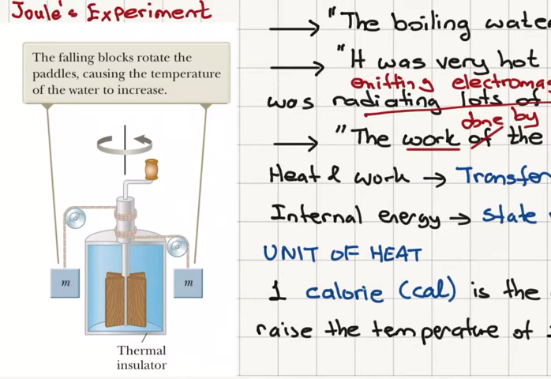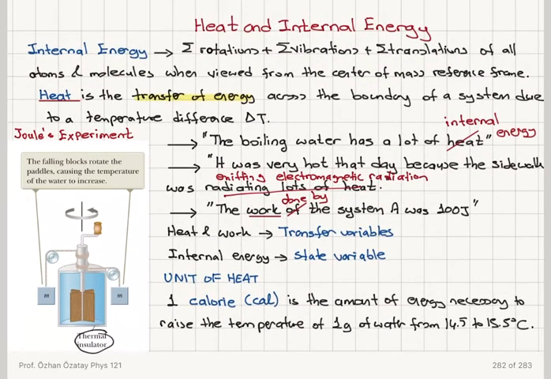This whole system is thermally insulated, so we just have energy transfer between the paddle and the water. The mechanical work done by the two blocks of mass as they fall down is transformed into heat in the water, and therefore it's going to start heating up the water.